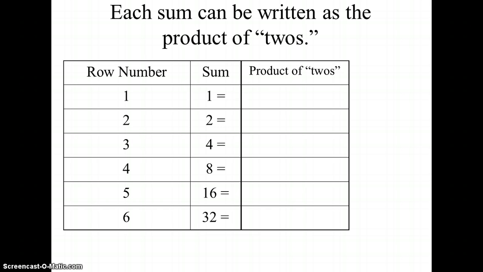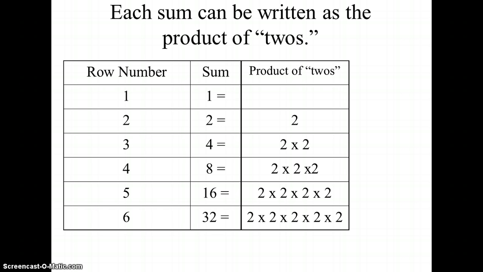So these sums can actually be written as products of 2. So, for example, let's start with row 2, and we'll get back to row 1 in a minute here. If I look at row 2, I get a sum of 2, and 2 is just 2. 4, though, the sum in the third row, can be written as 2 times 2.